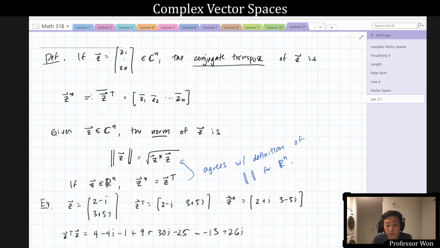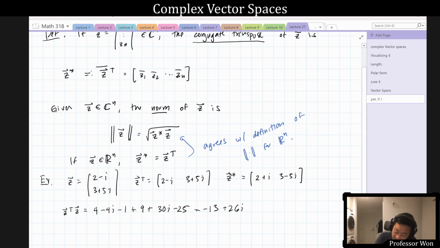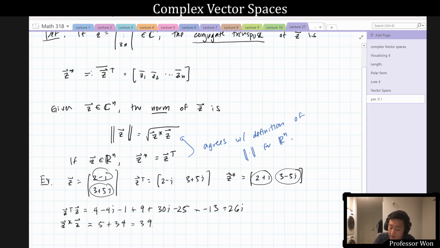real number. If you take the conjugate transpose, though, what you'll get is, I guess I should do this down here, z star z is just, you multiply these two and add them together, you multiply these two and add them together, but when you multiply a complex number by its conjugate, you get a real number. So here you'll get 5 plus 34, which is 39. And then you take the square root for the norm, of course, right? So the norm of z is square root of 39.